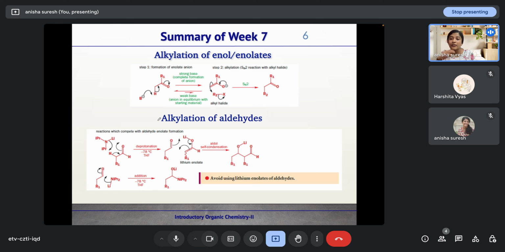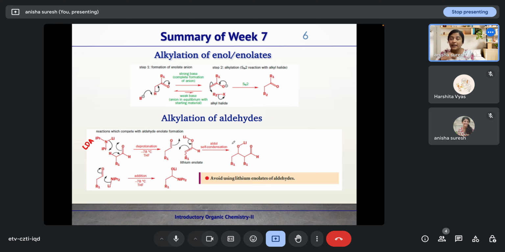Reactions with normal enolate formation conditions with aldehydes are not favored, as there can be side reactions. These are reactions which compete with aldehyde enolate formation. When we are using LDA, lithium diisopropylamide, it can lead to formation of the lithium enolate first, and it will undergo self condensation instead of the alkylation reaction taking place.